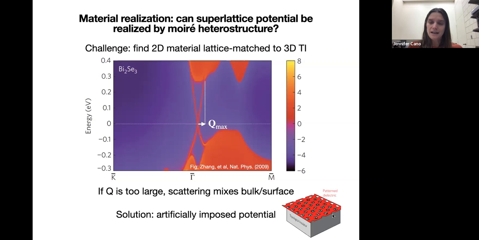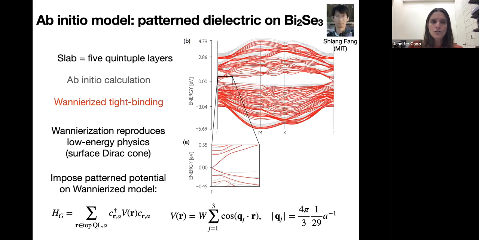And so that led us to the second route that I was describing, which was, what if instead of a moiré heterostructure, we make this externally imposed superlattice potential? To model that situation, we wanted to do something more realistic. So we made a Wannierization of a slab of bismuth selenide.